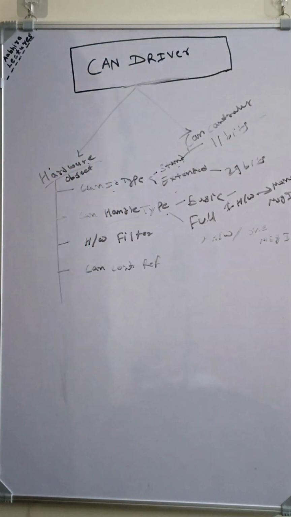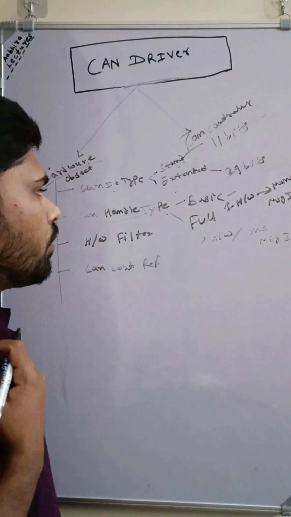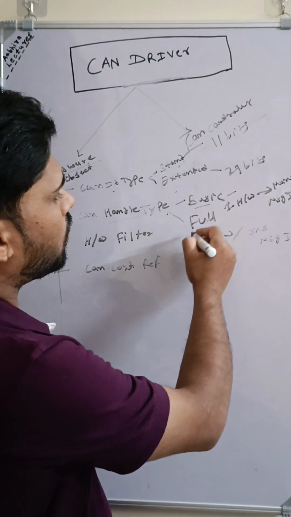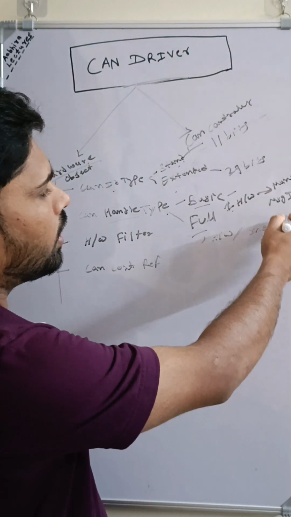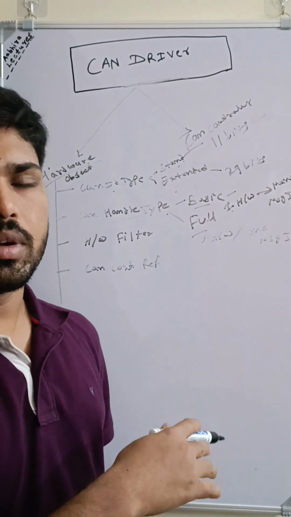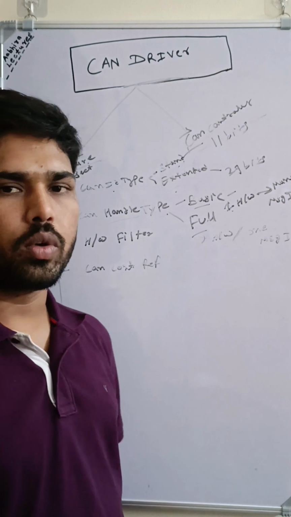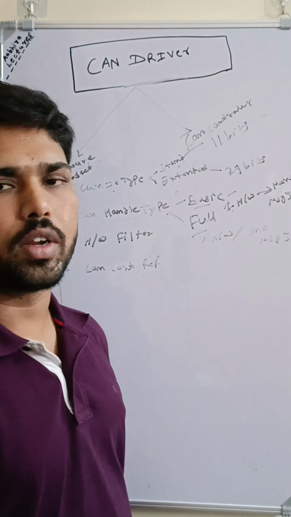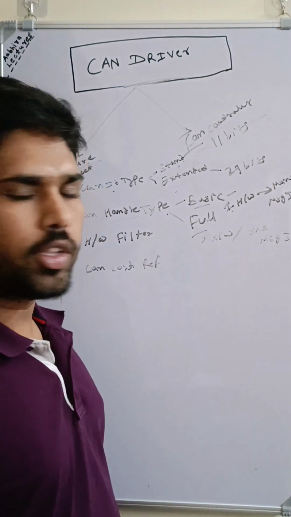So in handle type there are two types of container, basic or full. In basic we configure one hardware object and many message IDs, and in full there is only one hardware object and only one message ID. That is the difference between basic and full.